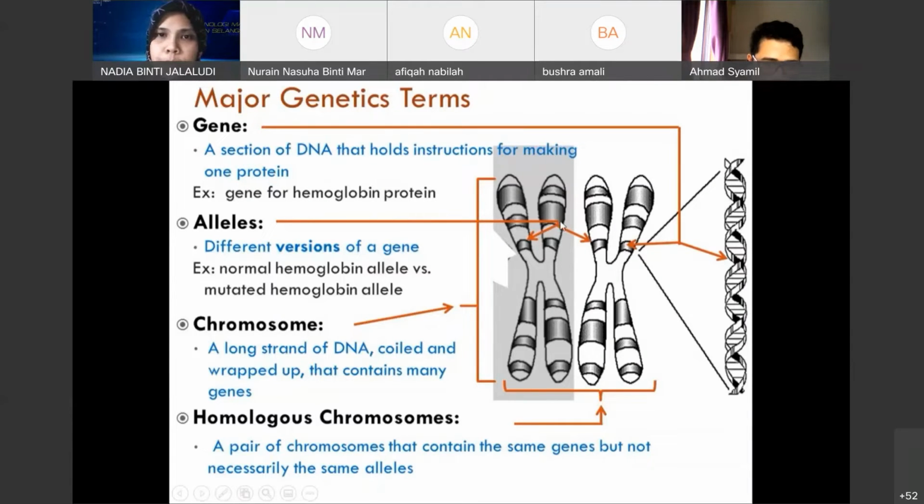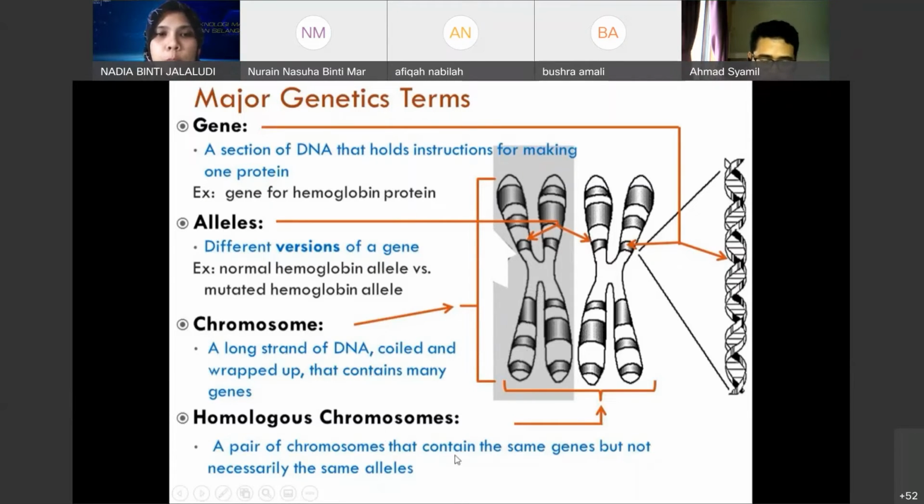Meanwhile, a chromosome, this is the chromosome shaped like an X. It is a long strand of DNA coiled and wrapped up that contains many genes. So in chromosomes there are many genes, and in genes there are alleles.